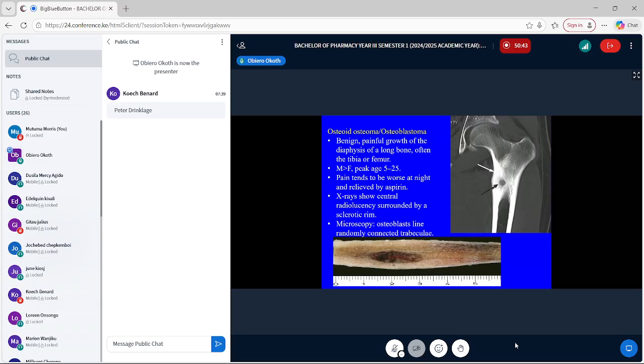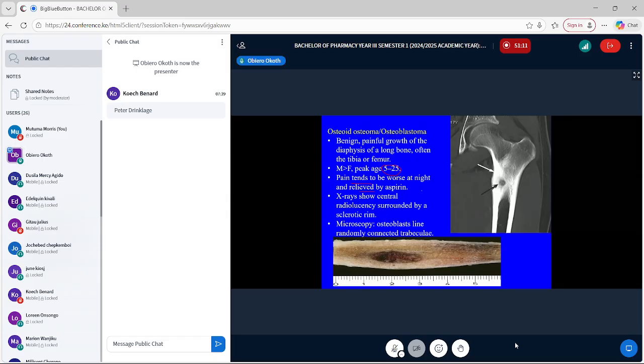Osteoblastoma is slightly different. We are mentioning it because normally it's painful and it occurs in young patients. And in young patients, you normally have to worry that this could be osteosarcoma. It's a benign, painful growth of the diaphysis of a long bone, like the tibia and the femur. Pain is normally worse at night. When you give them aspirin, they do improve.